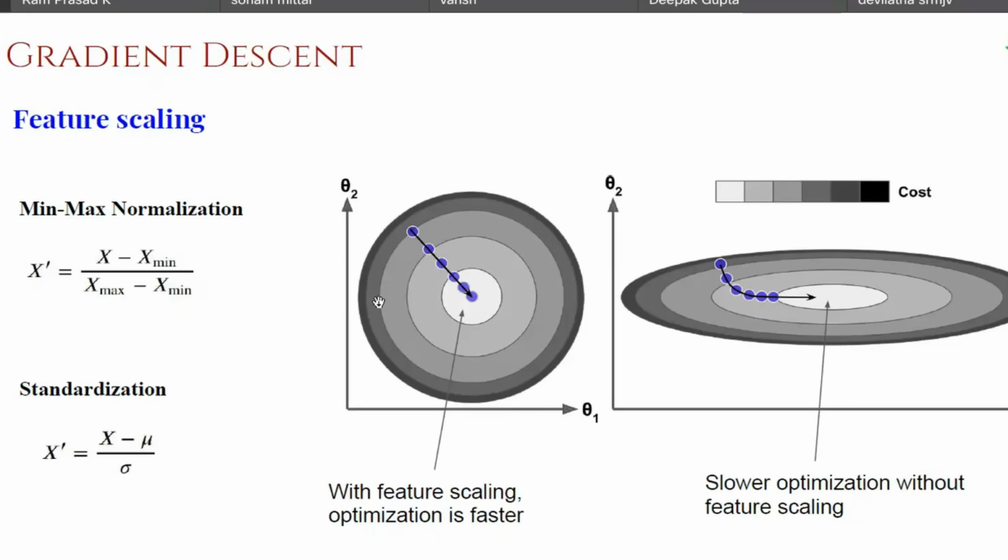Let's say the values of x1 range from 1 lakh to 1 million. When you look at the range of x2, it is between 0 and 100. All the values of x2 will be between 0 and 100, but x1 will be between 1 lakh and 10 lakh.